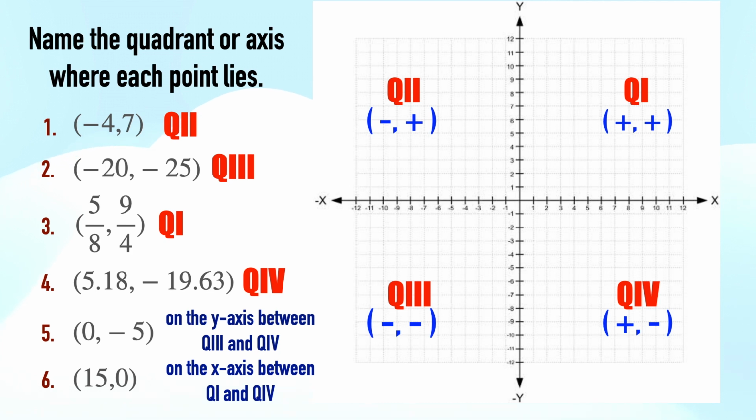Next time, magbibideo ulit ako, gagawa ko ng video about sa plotting of points and identifying the ordered pair of that points on the rectangular coordinate system or Cartesian plane.